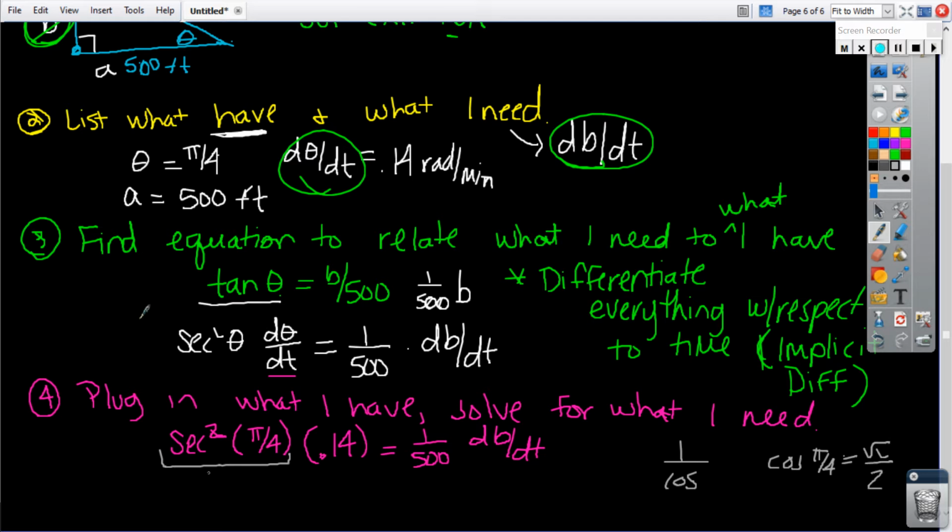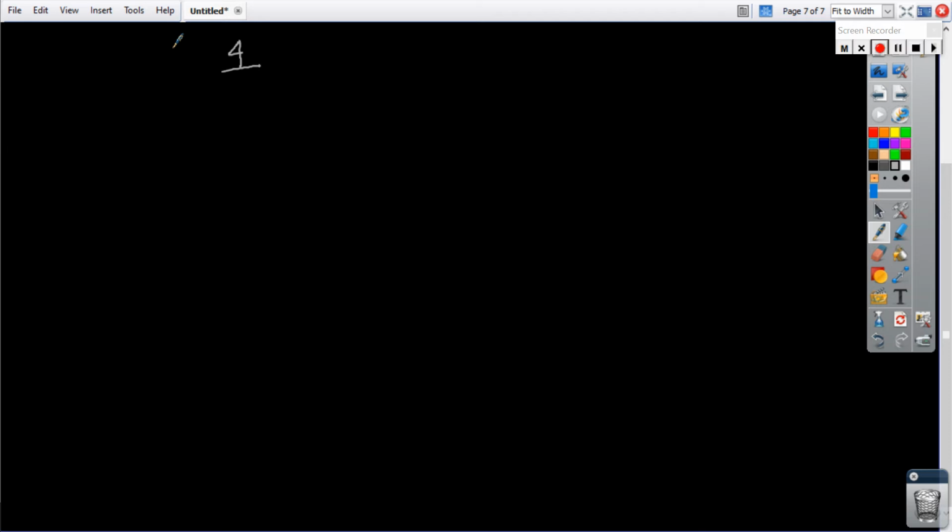Here I'm squaring it, so I'm taking 1 over this, which would be 2 over the square root of 2, squared, times 0.14, equals 1 over 500 dB dt. I am just going to continue to solve here. I'm sorry, I'm going to have to go to the next page. This gives me 4 over 2.